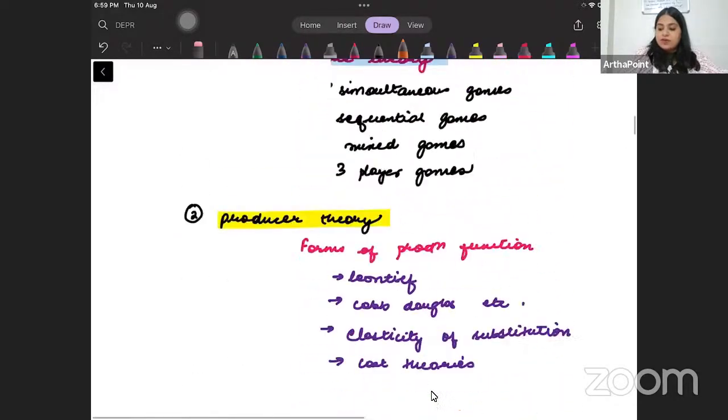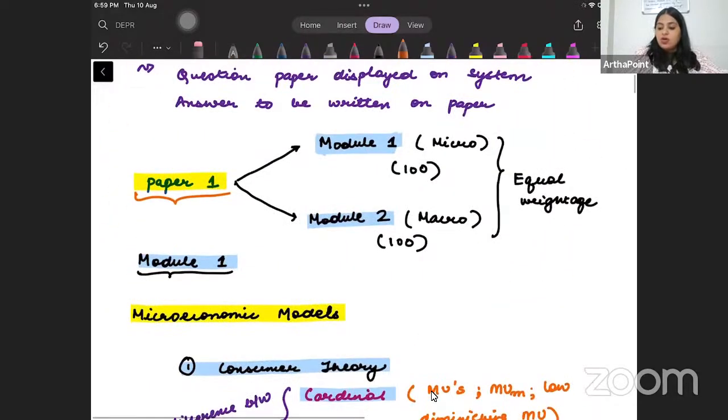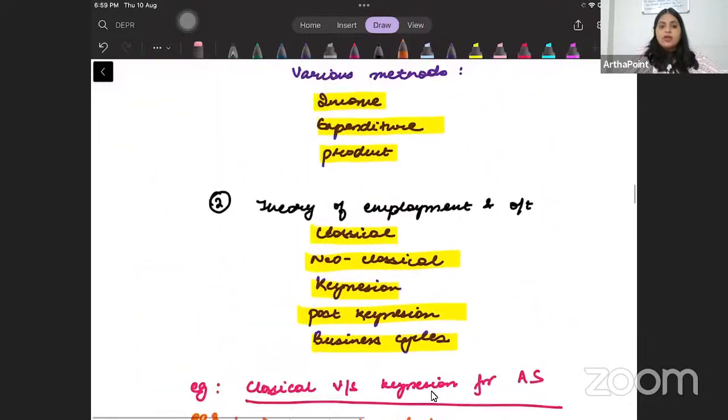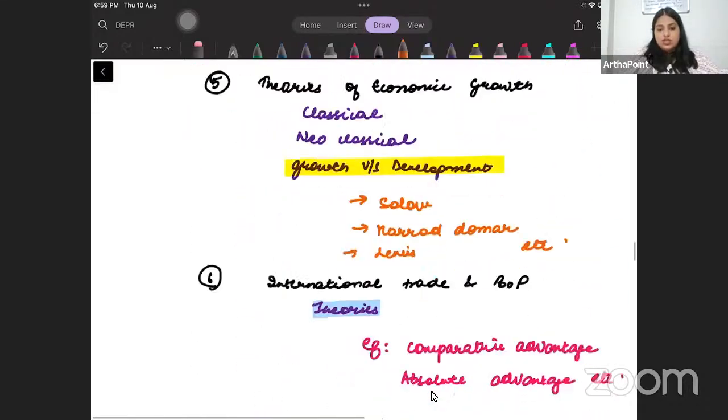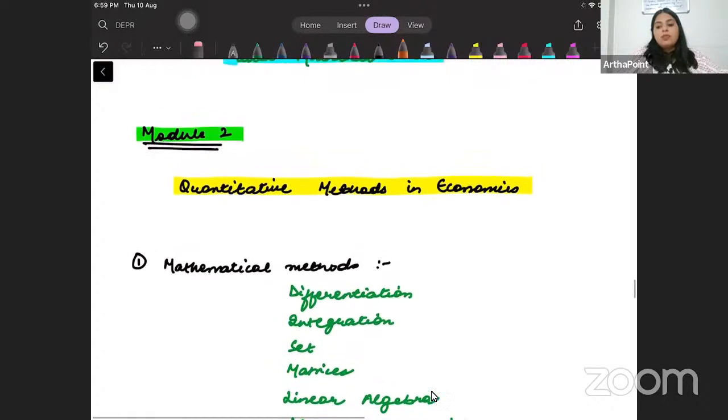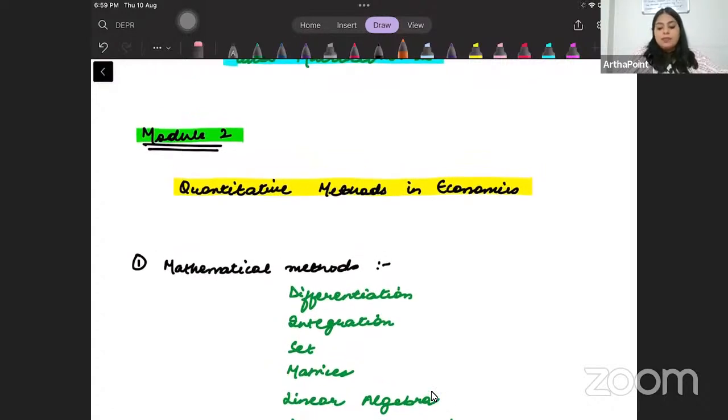This first part that we talked about is actually paper 1. Now I will talk about paper 2. So when we talk about paper 2, beta, the first thing is quantitative methods in economics.